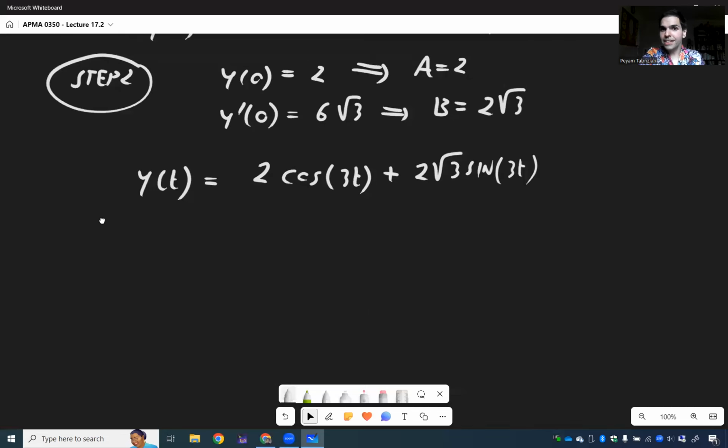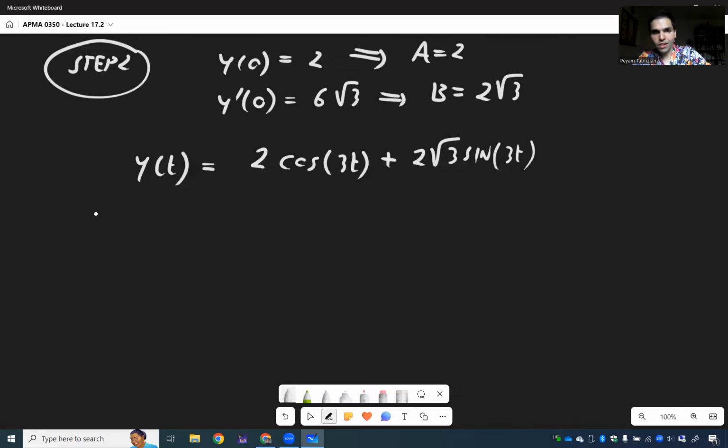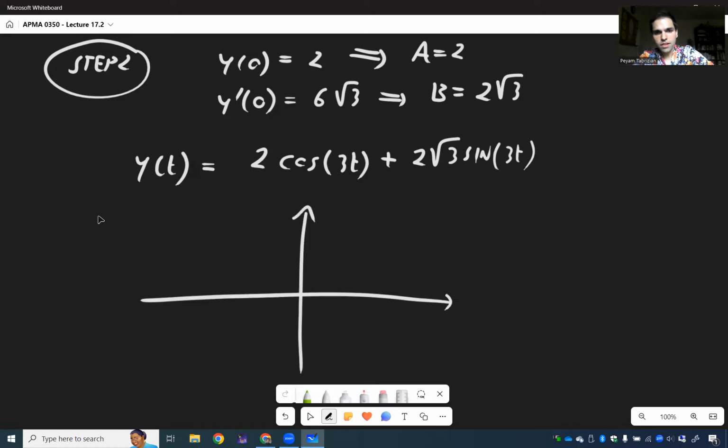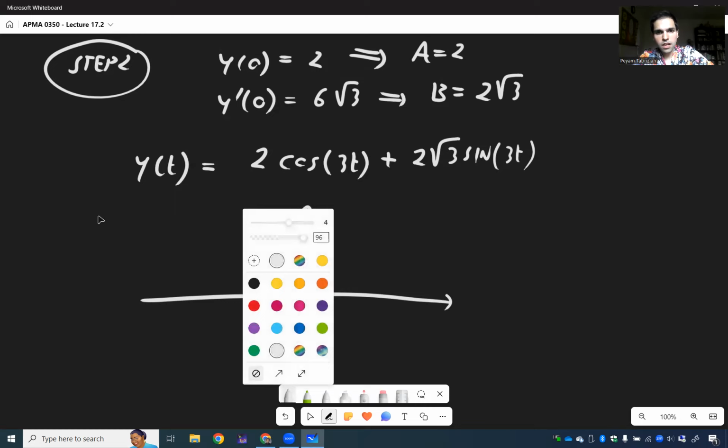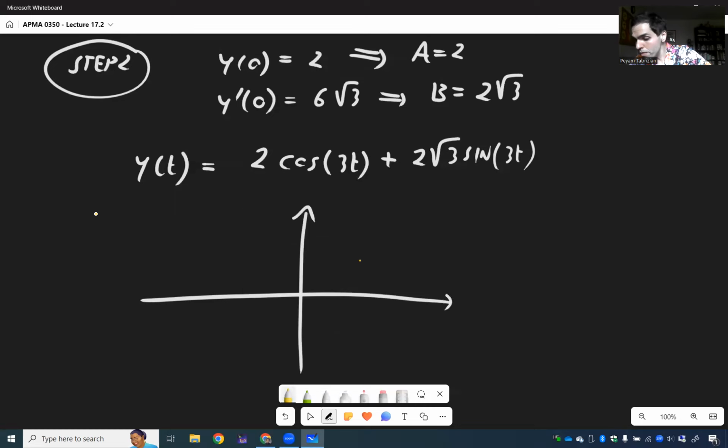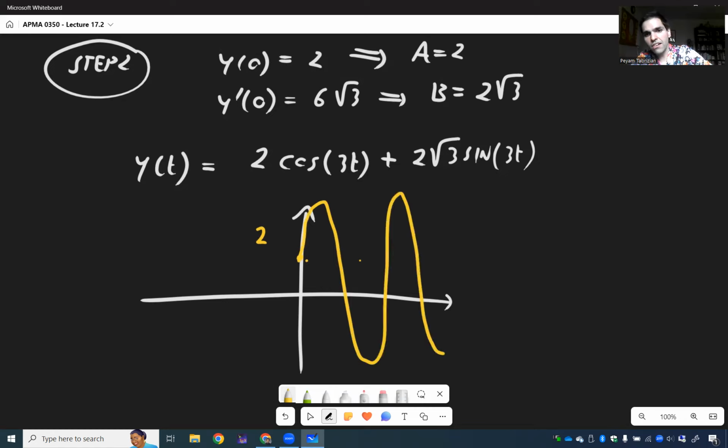More importantly, what do the solutions look like? If you actually plot the solution, you may notice, maybe this is 2, the solutions look sinusoidal. They go up and down like a sine wave.